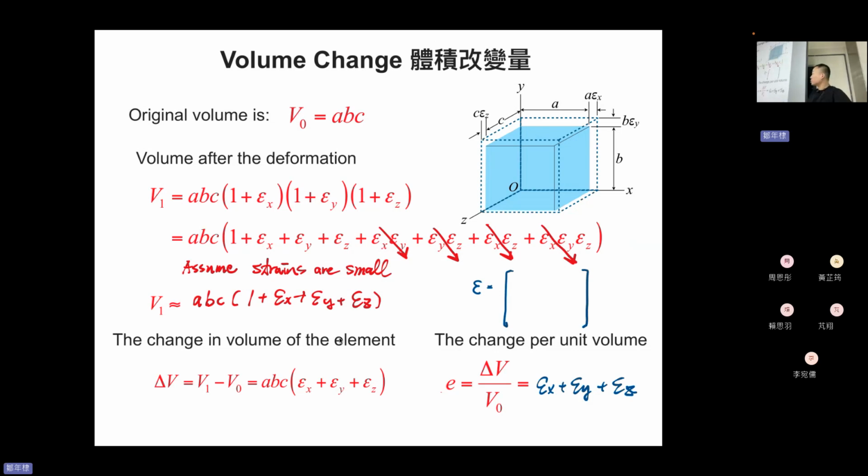In the advanced course, epsilon can also be regarded in different directions, so epsilon can be written as epsilon 1,1, epsilon 2,2, and epsilon 3,3.